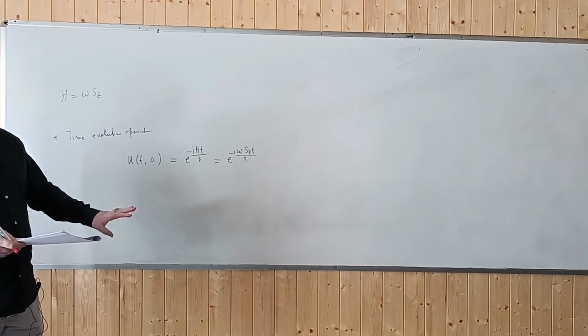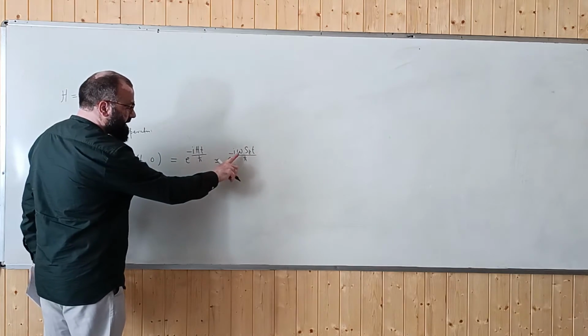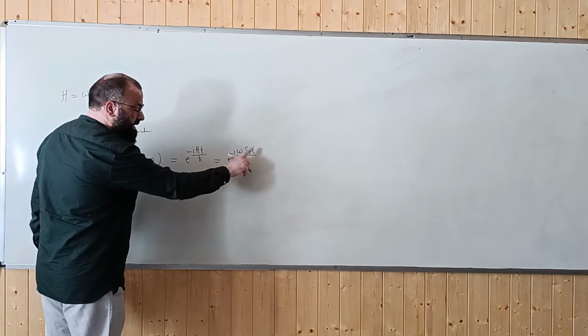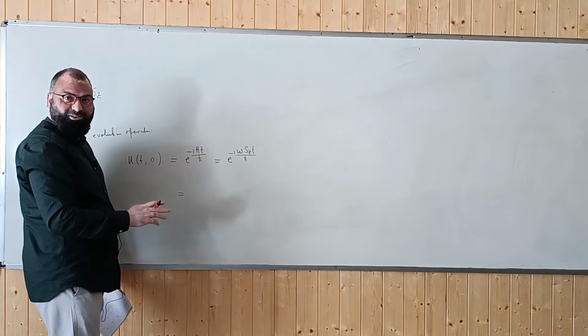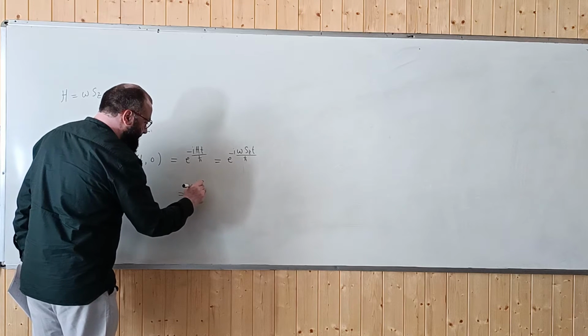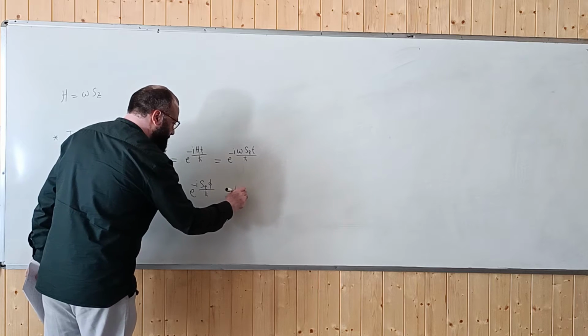Got it? Now I can put this omega t as phi, so let's write it as e raised to the power minus i S_z phi by h bar. What is our phi? Omega t.